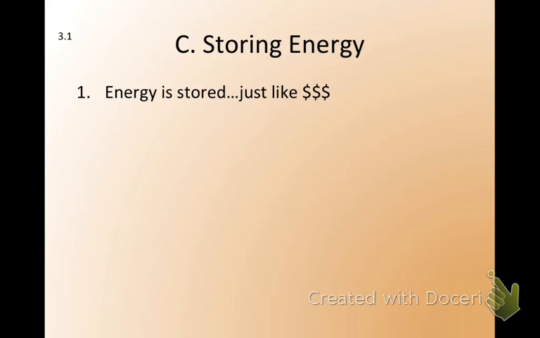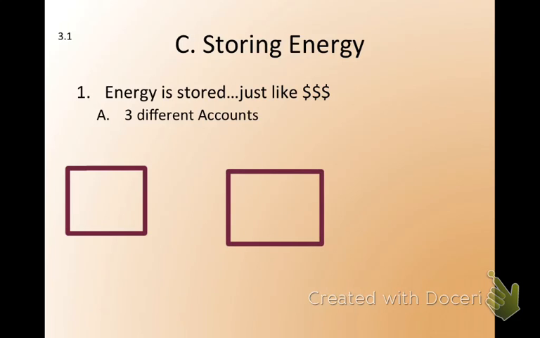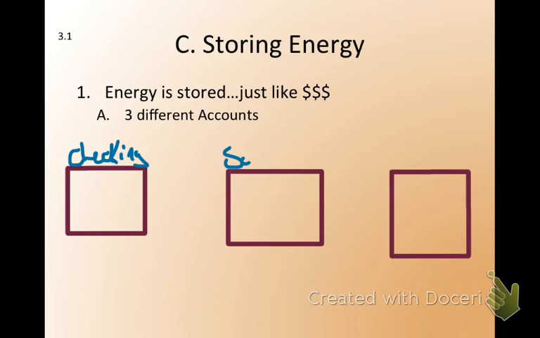So energy is stored just like money, and it's essentially stored in one of three accounts. If we can use a money analogy here, let's look at three different accounts. We'll call this one our checking account. We'll call this one our savings account. And we'll call this one our debit account. So this is where the money is going to.